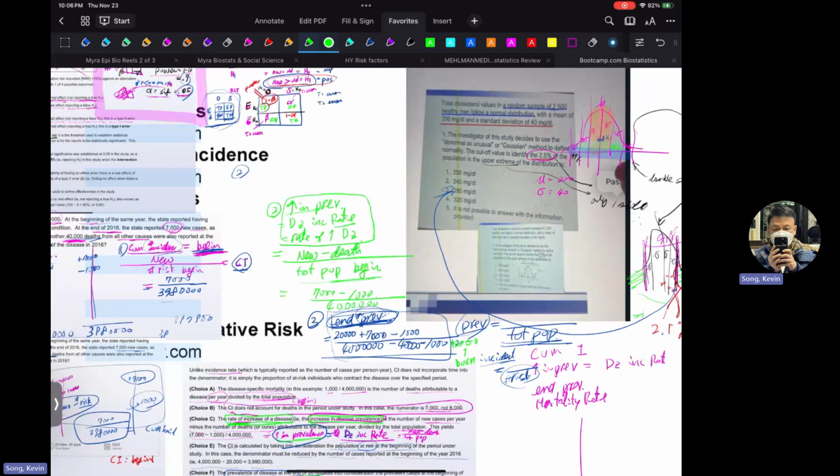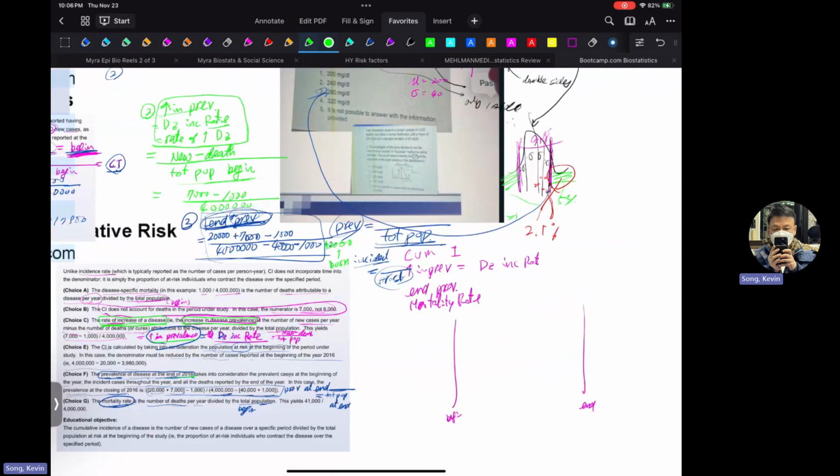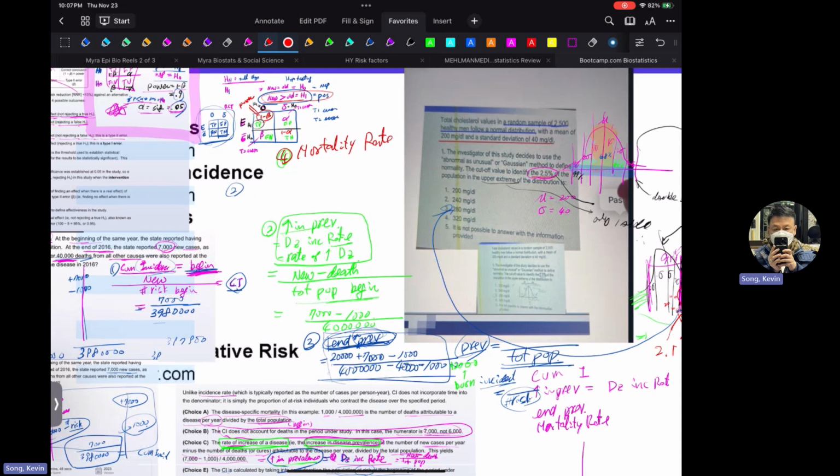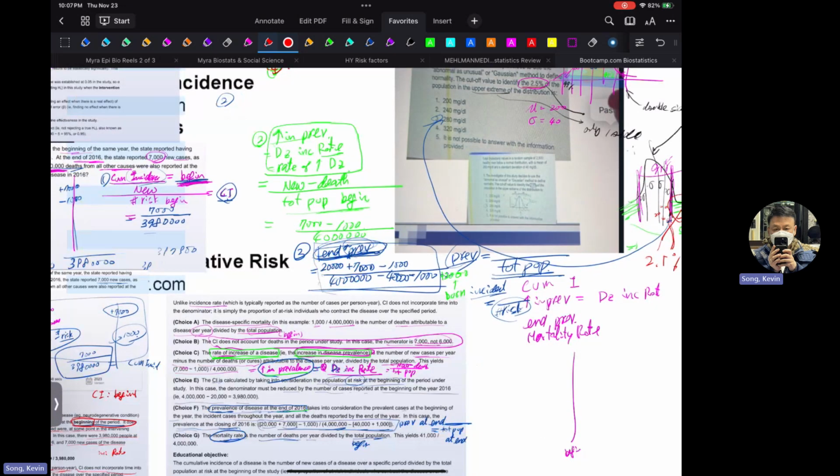Okay, and the next measure is the mortality rate. Mortality rate is the number of deaths per year divided by the total population.